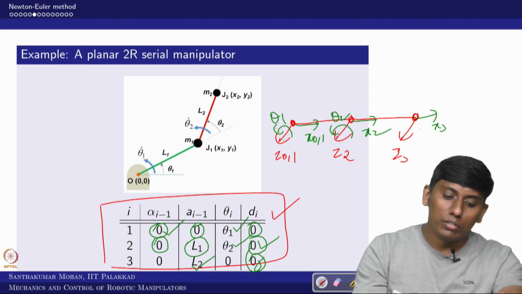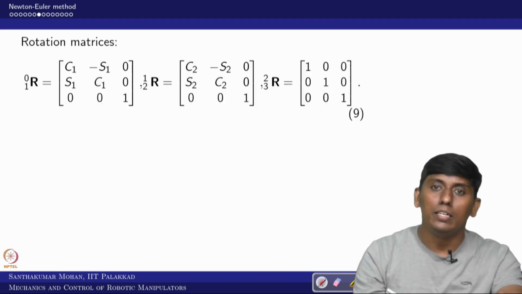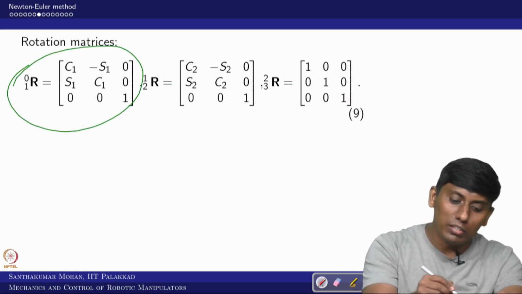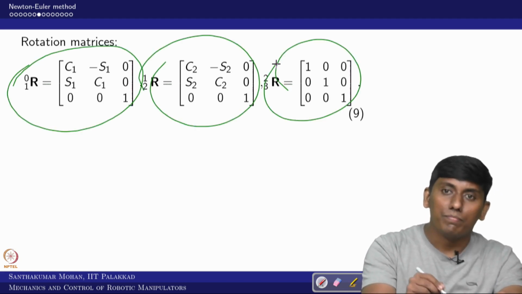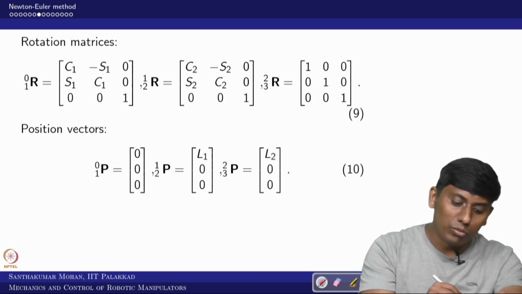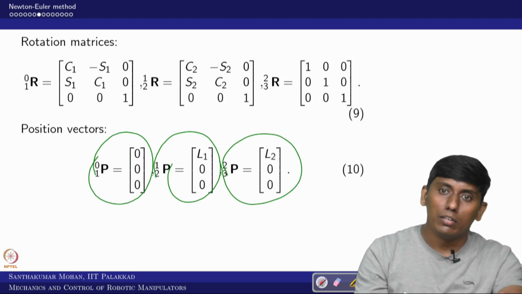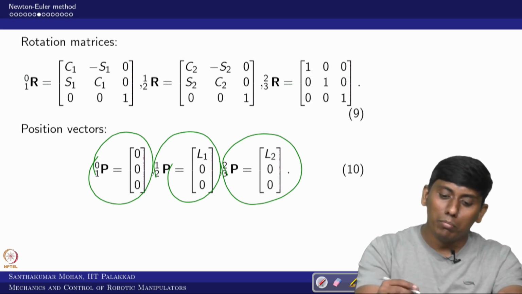Now based on this, we can get the individual transformation matrices. From there you can extract the rotation matrices, and you can extract position vectors. In addition to that, you need one more thing.